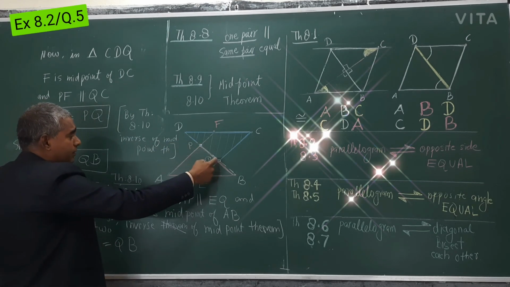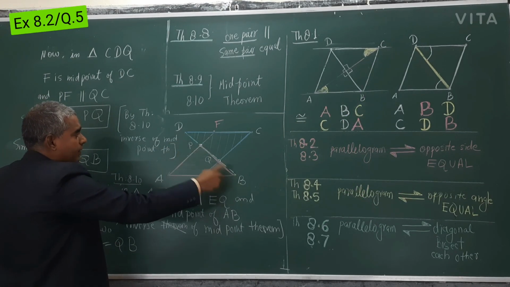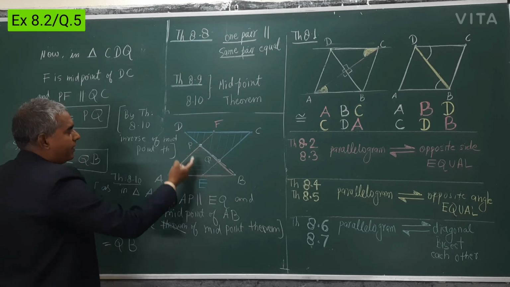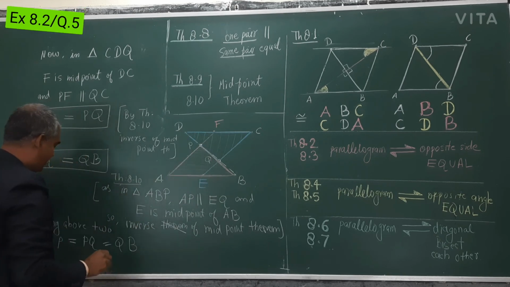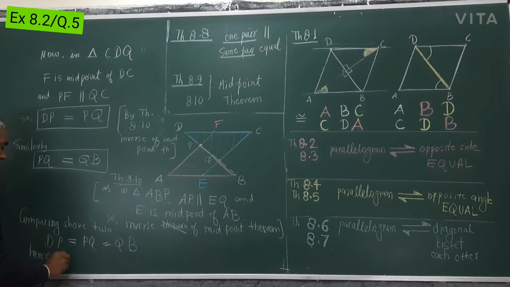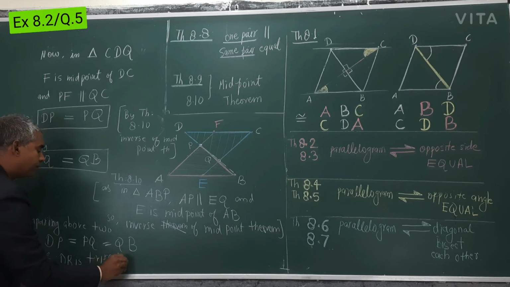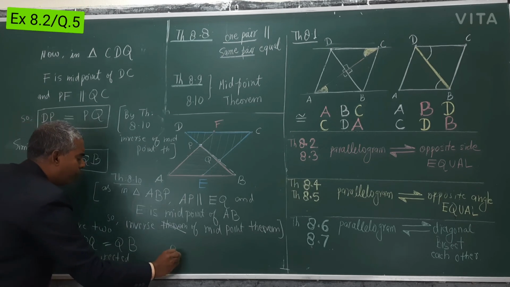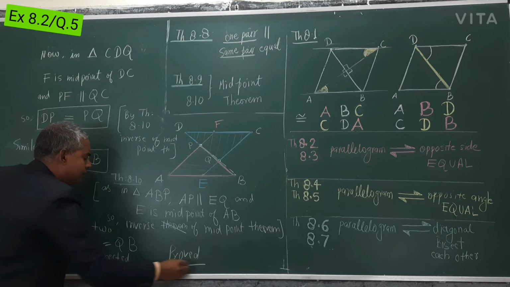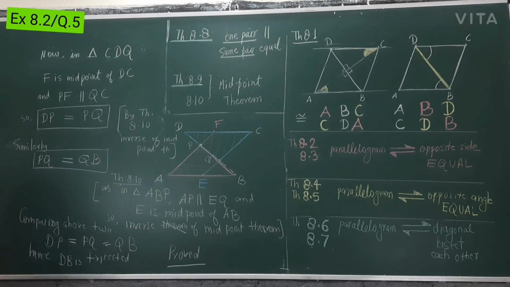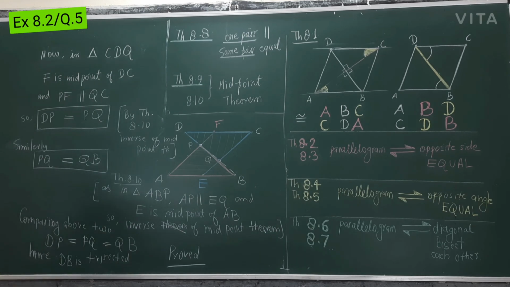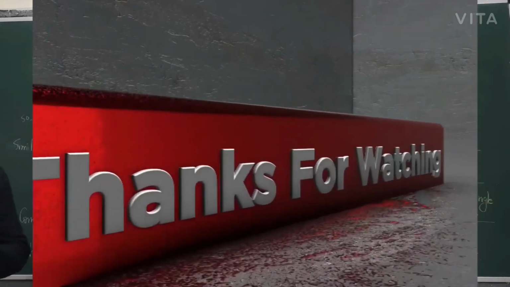So hence DB is trisected by these lines. Hence proved. So this was the question. I hope you have enjoyed. So keep watching. Thank you.